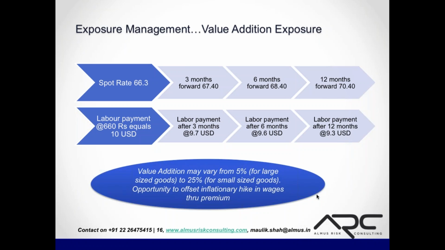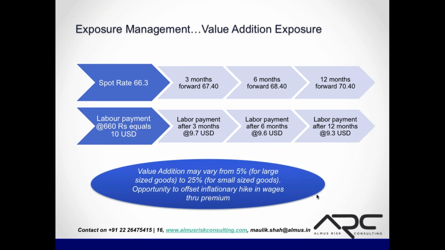Now that is a real exposure that you are sitting up with, because what you are going to add to your product pricing is the conversion of your rupee payment into dollars. So for example, you may have a labor contractor who will charge you 660 rupees, and at today's rate of 66 it would mean $10, which is what you would add to your product pricing.